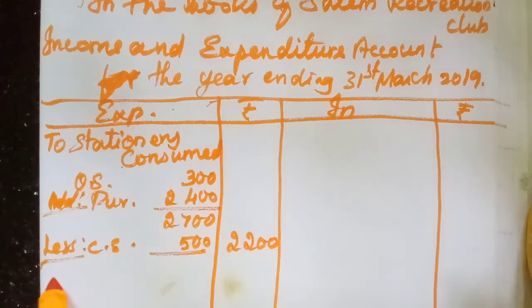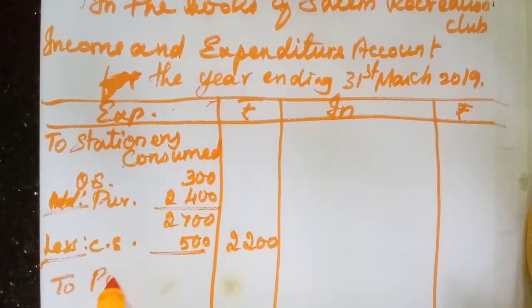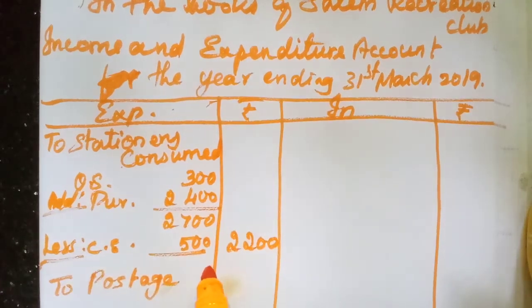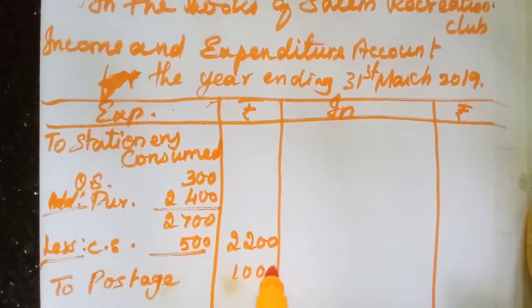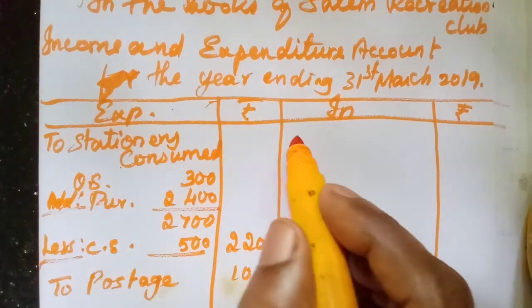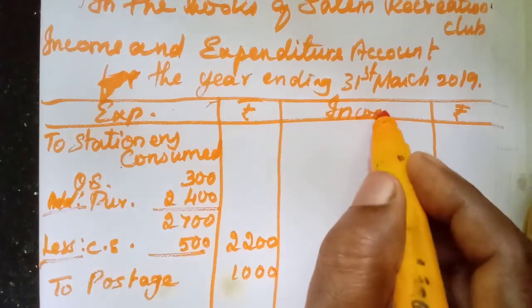Now postage. To postage. Postage, there is no adjustment, you write as it is. Then this one will not come. Now come to the adjustment, any expense. The subscription will not come, stationery adjusted, capital fund over, isn't it? Now we come to the income side, okay? What are the income?